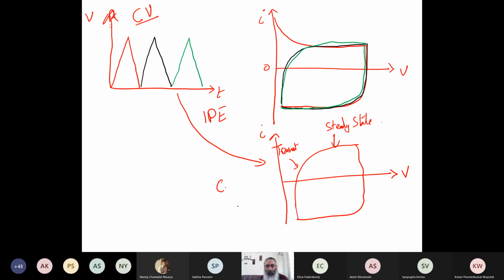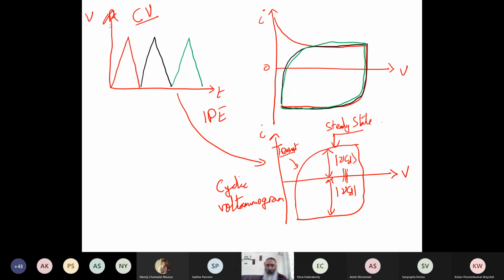This is called a cyclic voltammogram. And the nature of the cyclic voltammogram is going to be like this. You can extract both the transient component and the steady state components, and this steady state is going to be exactly mod nu CD, and the two mod nu CD values are going to be exactly equal.